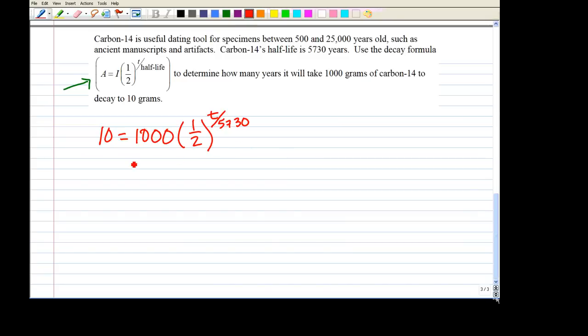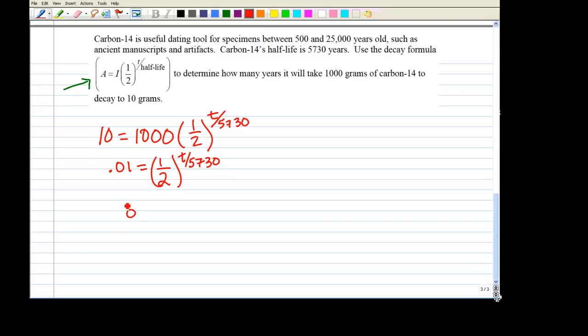If I divide both sides by 1,000, 10 divided by 1,000 is 0.01, and I still have 1/2 to the t over 5,730. If I want to rewrite this as a log so that I can solve, a log lets you solve for something that's in the exponent.